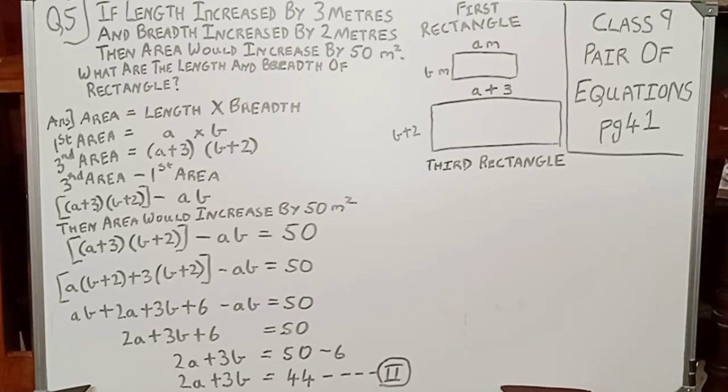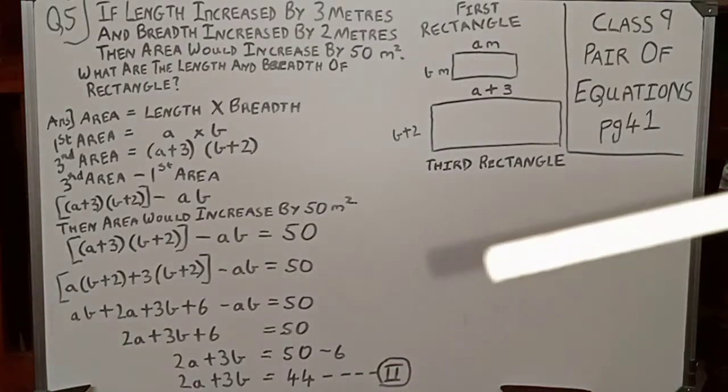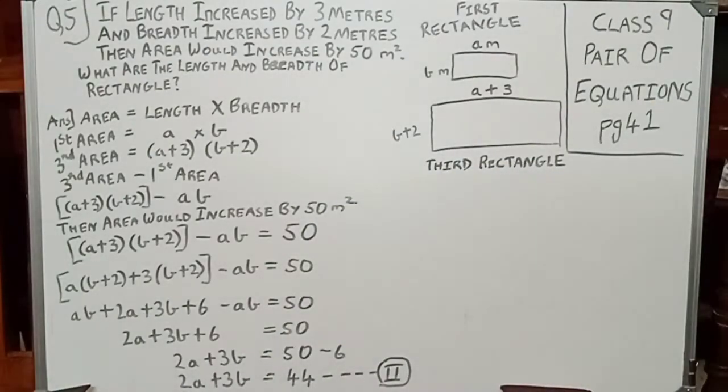Now this plus 6 can be taken to the opposite side, and when it is taken to the opposite side it becomes minus. So on this side we get 44, and the same thing we carry down: 2a plus 3b is equal to 44. This is equation number 2.